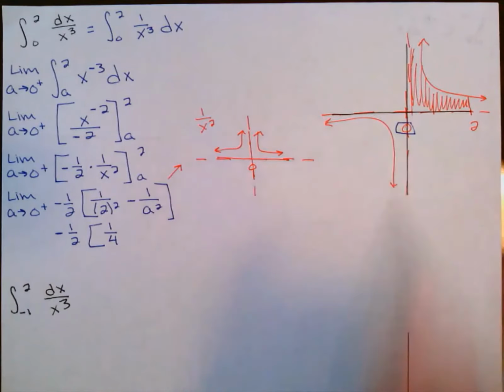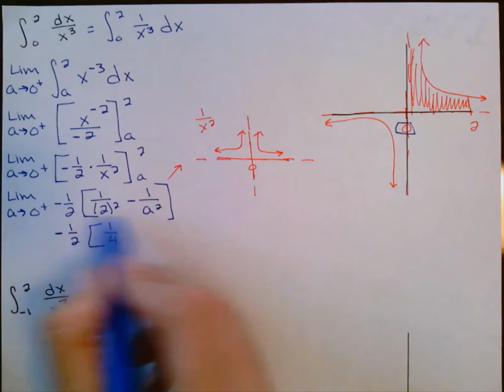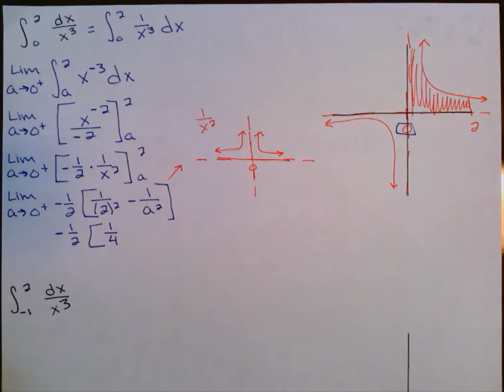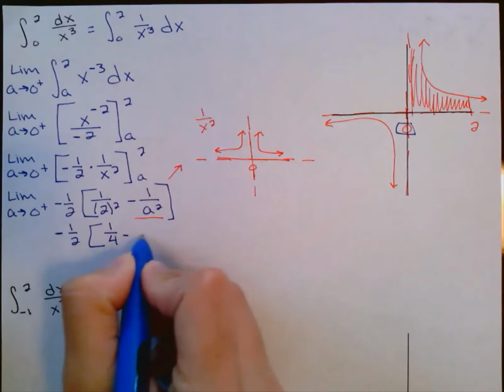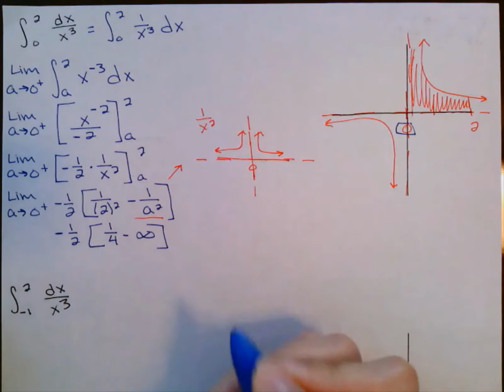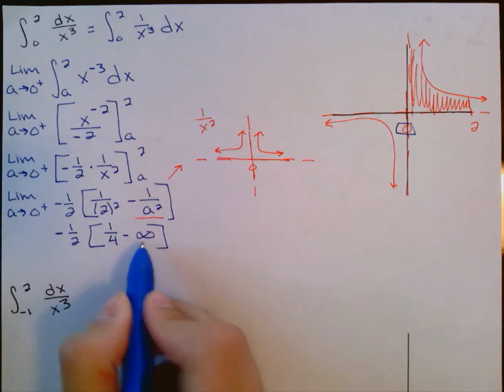So the answer of checking 0 from the right for just this function is that it will go up to infinity. So I write minus infinity. Now, a number minus infinity is negative infinity.